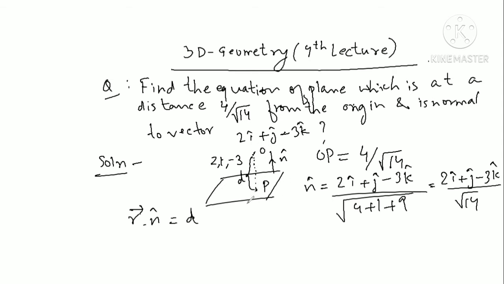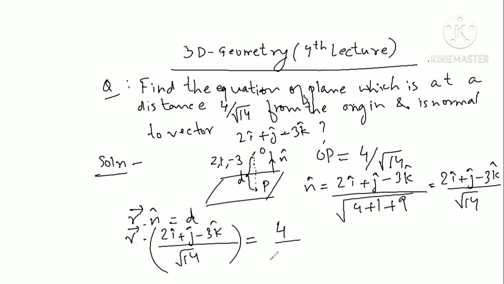Okay, so which means we can write this equation as r vector dot n cap, I can write 2 i cap plus j cap minus 3k cap divided by root 14 is equal to d, and perpendicular distance d is equal to 4 by root 14.